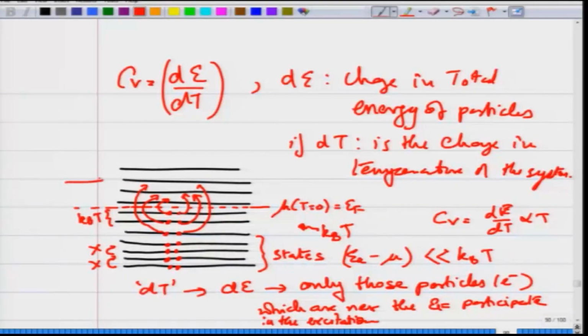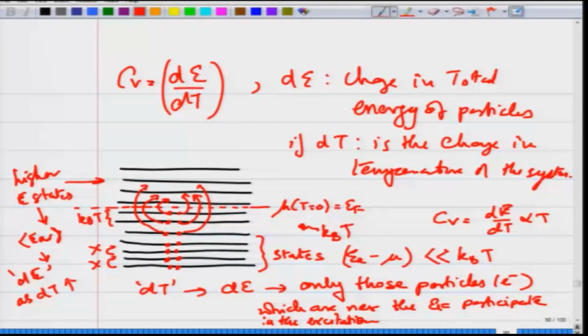So, they absorb energy and they go to higher energy states, and as they go to higher energy states, the mean average energy of the system increases, and so there is a total increase in the dE. There is a net increase in the energy as dT increases. So, as a function of temperature, your specific heat will increase, because you can cause more and more excitations into the higher energy states.